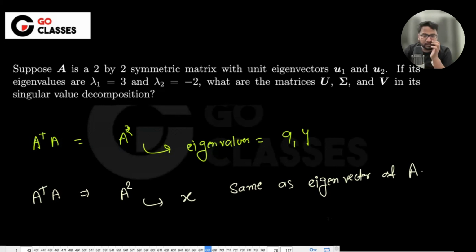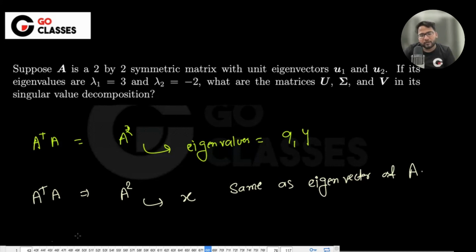So in that case, I have the eigenvectors that are orthonormal also, because there are two different eigenvalues. Okay, I got it, I think.